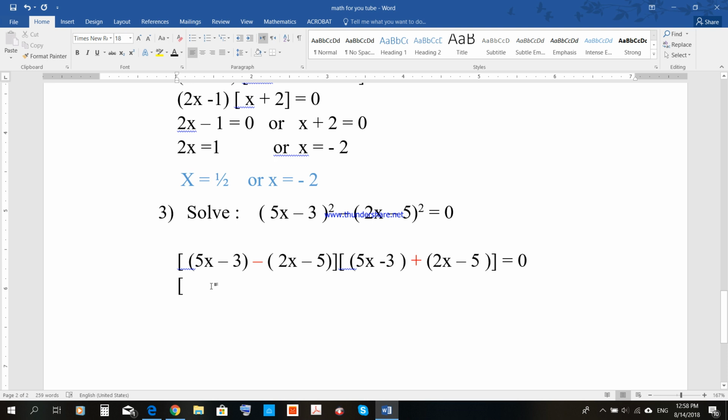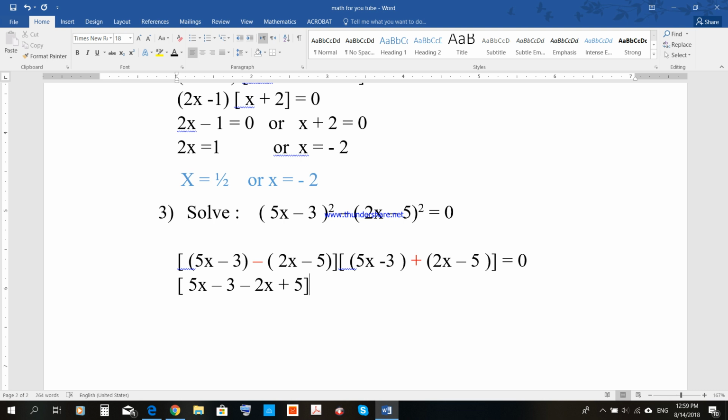It remains 5x minus 3. The second parenthesis has a minus in front of it, so when we remove the parentheses, we change the signs of all the terms. It becomes minus 2x plus 5.